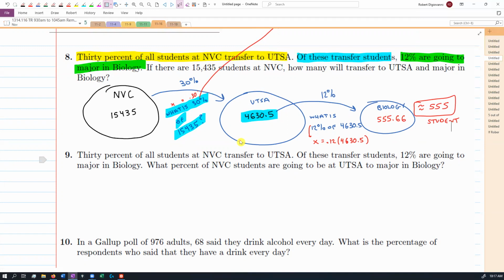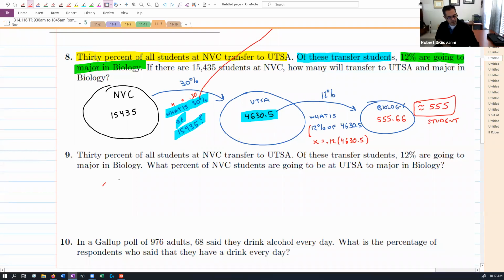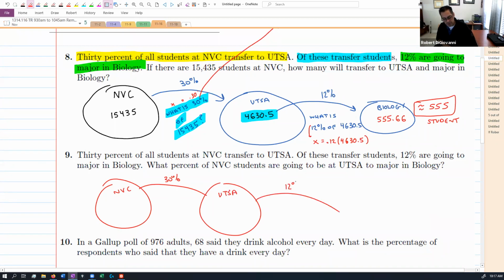And so, you know what we did before? We started here at Northwest Vista. We did 30% went to UTSA. And then after that, we said, okay, well, 12% of those people wind up in biology. But here, we don't have a number to start with, do we? We don't.